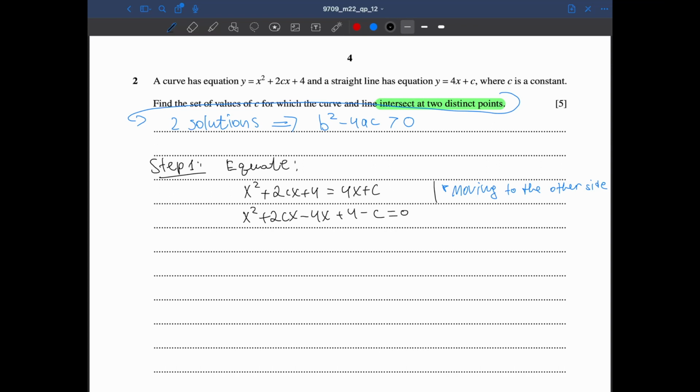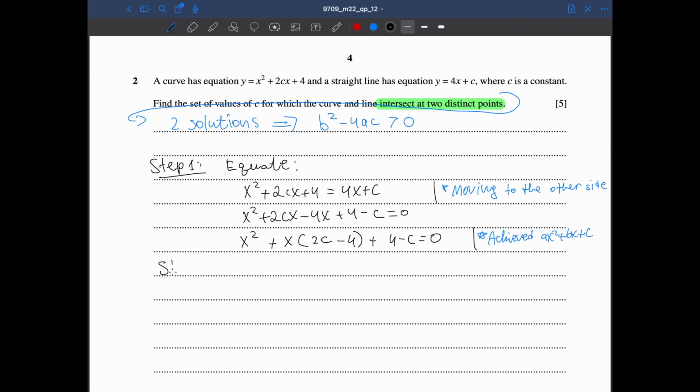So we can do x squared, and then we can take x out. So we will have 2c, and then minus 4, and then plus 4 minus c. So we achieved an equation ax squared plus bx plus c. All right, that was step 1.